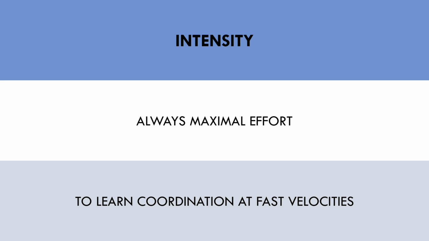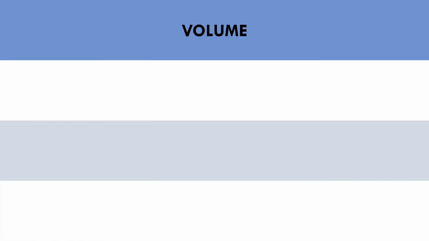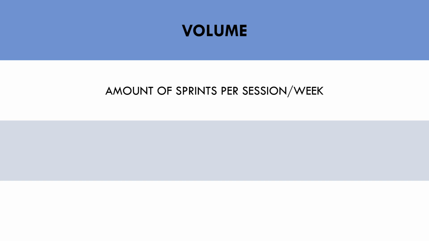The next variable to consider for sprint training programming is volume. This can be defined as how many sprints are performed per session or per week. Volume for sprint training doesn't need to be high for field sport athletes, since they perform hundreds of other sprints during sport practice and competitive matches. So sprint training for these athletes is about reaching maximal intensity rather than to accumulate volume.